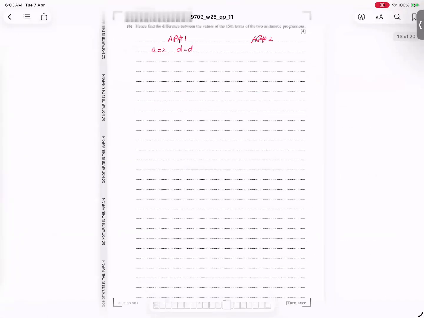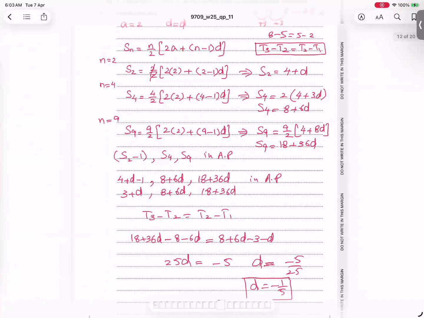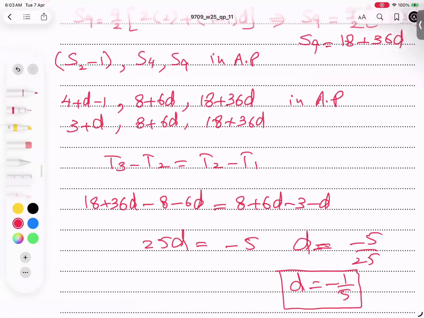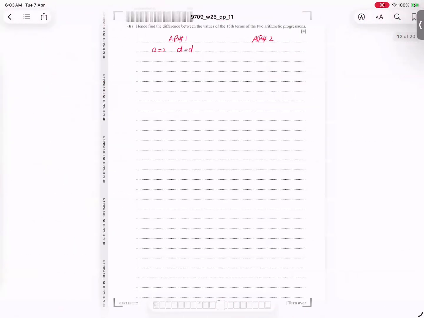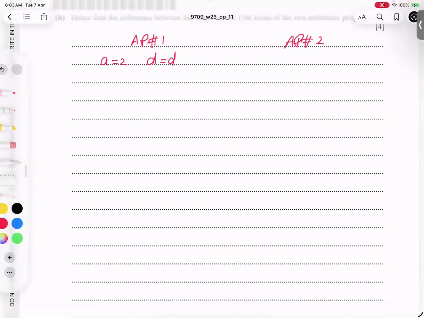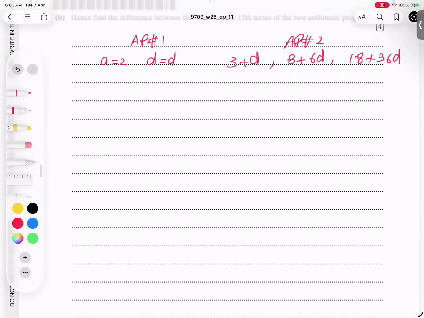Let me find out. Before replacement, I copy all these values. And D value is negative 1 over 5. So if I replace, students, 3 minus 1 over 5, 14 over 5 is the first term.